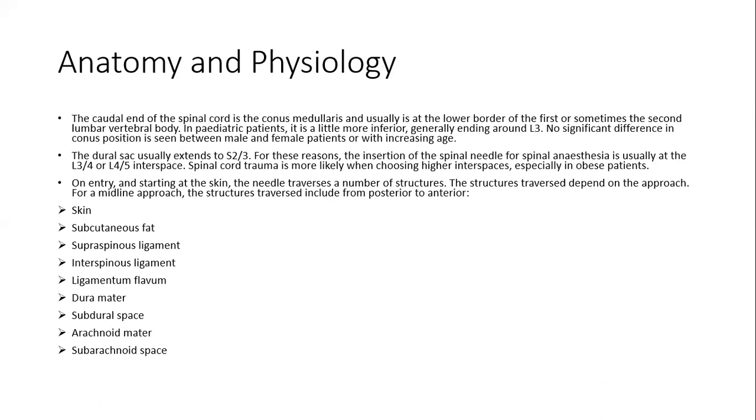Once you pierce the dura mater, you enter the subarachnoid space, which is evidenced by a free flow of cerebrospinal fluid. Then you have the subdural space, arachnoid mater, and the subarachnoid space. In an average build, it is about 6 centimeters from the skin posteriorly to the subarachnoid space.